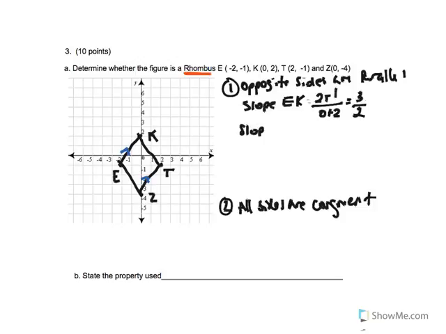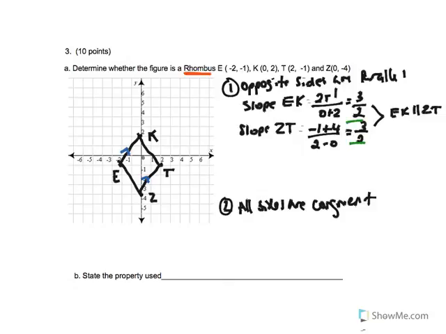Then we find the slope of ZT, which is -1 plus 4 over 2 minus 0. And we get 3 over 2. We have EK is parallel to ZT because they have the same slope.